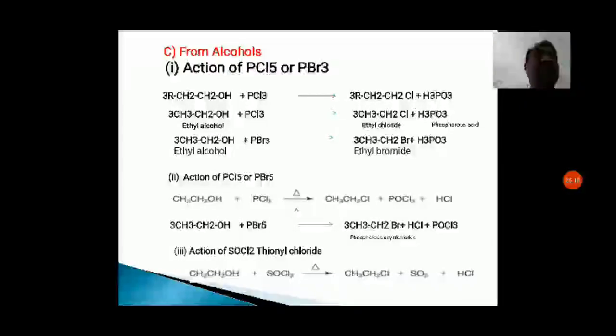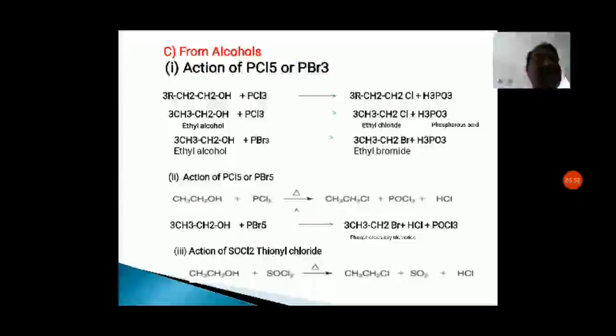So for example, when ethyl alcohol is treated with PCl3, we get ethyl chloride, and phosphorus acid, H3PO3, is the byproduct. Similarly, if we treat ethyl alcohol with PBr3, then ethyl bromide will be obtained and phosphorus acid is the byproduct. Similarly, we can also replace the OH from alcohol by halogen by treating it with PCl5 or PBr5.